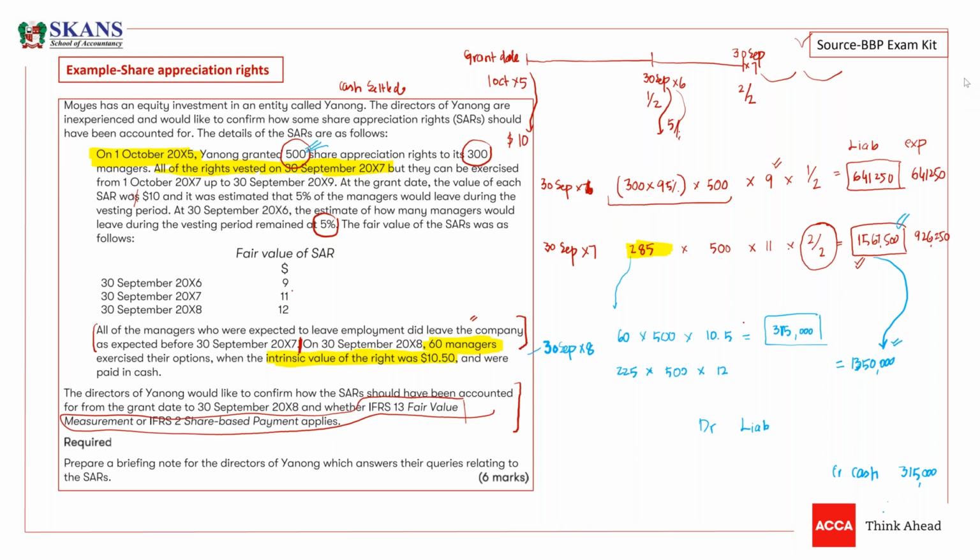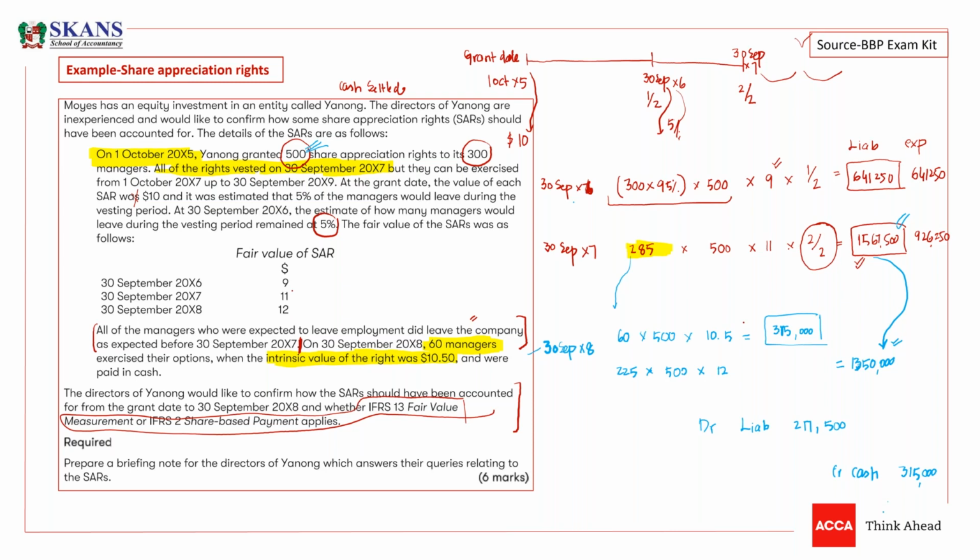So I'm going to debit liability by 217,500, guys. The liability is being settled. We are settling liability of 217,500.